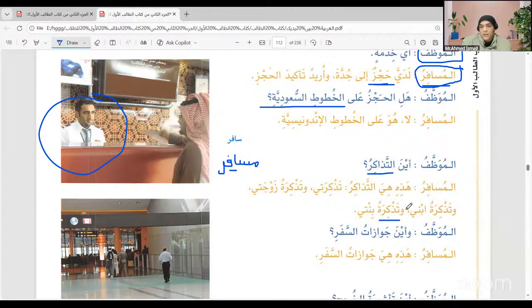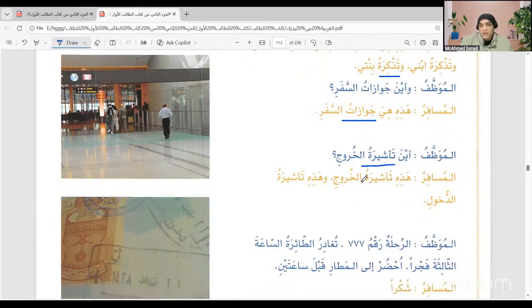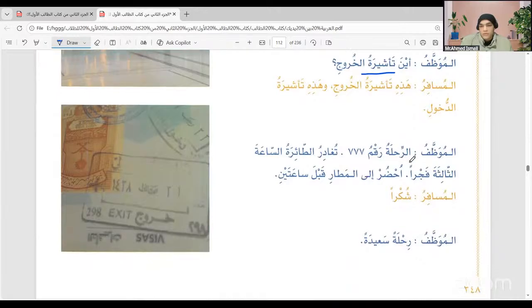And we have also the word جوازات, which is the passports, and تأشيرة is a visa. And we spoke about the word الرحلة, which means journey or trip or flight. And تغادر, a new verb, which means to leave any place. And الطائرة, of course, the plane.